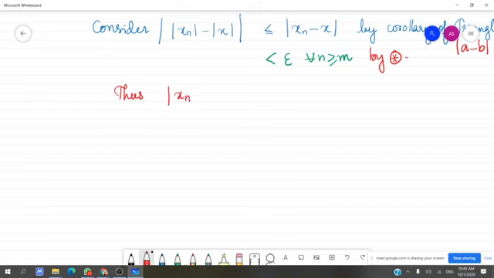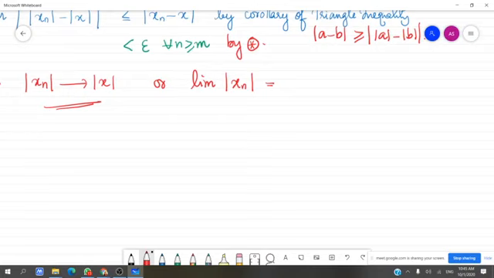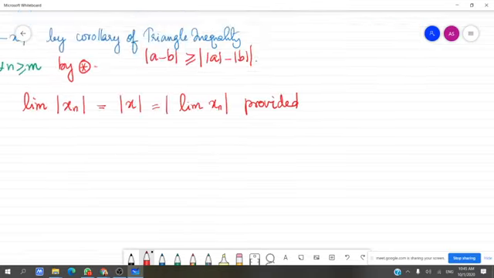modulus of xn converges to modulus of x, or I can say the limit of modulus of xn is equal to modulus of x, which is the modulus of the limit of xn, provided the right hand side limit exists.